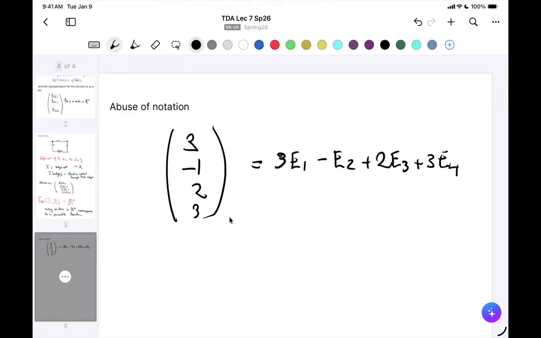But it's very common. We'll see this when we talk about these matrices, I think I should be able to give you an example today, but it's very common to do it this way. So this is going to be called a formal linear combination.